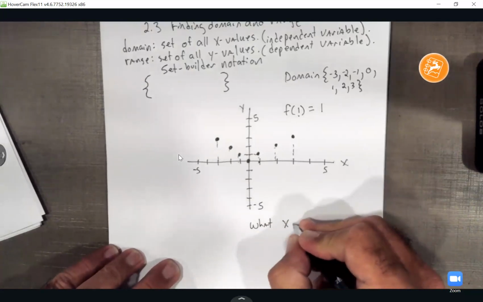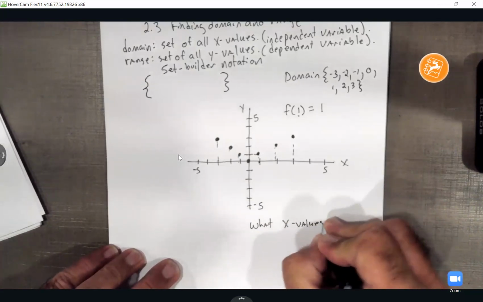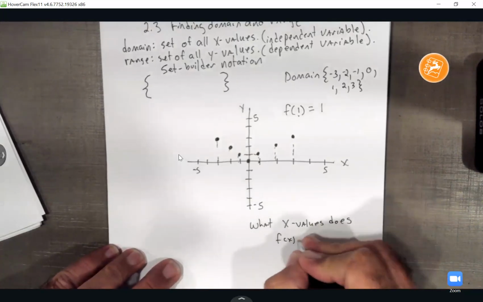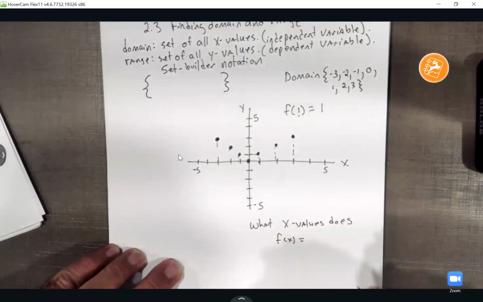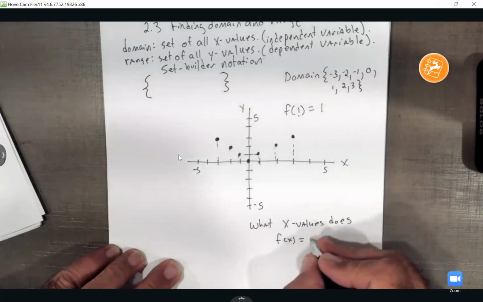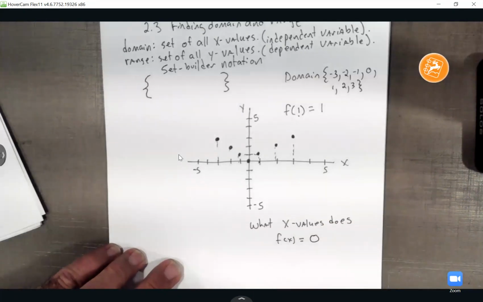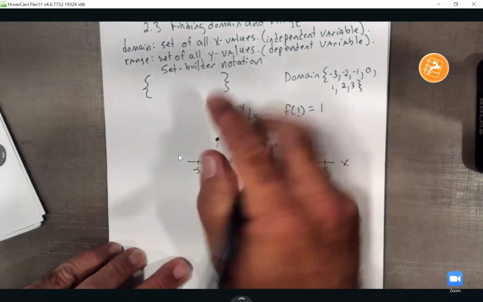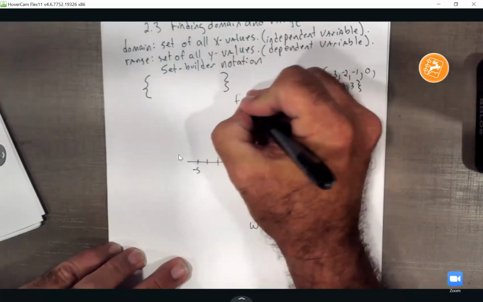So here, what X values does f of X equal, let's say, 0. Now, here's the thing. I got a Y labeled on this axis, right? It can also be this.